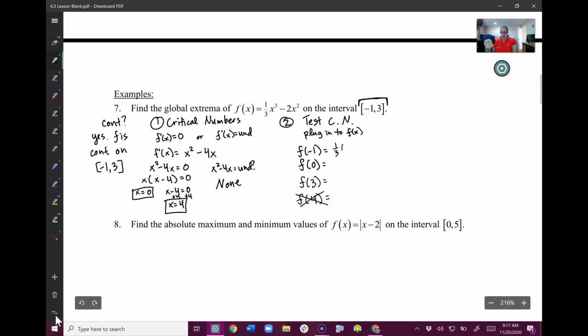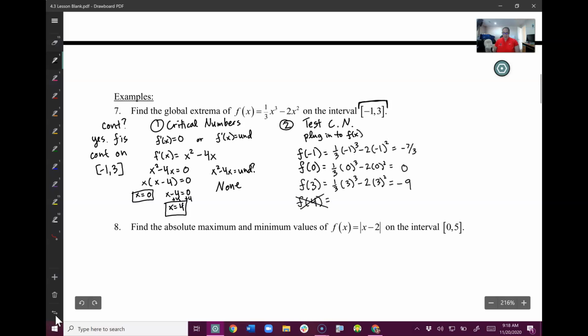So 1/3 times -1 cubed minus 2 times -1 squared, plugging it into f. I'm just going to do them all at the same time, and then you can plug those into your calculator. You should get -7/3, 0, and -9.